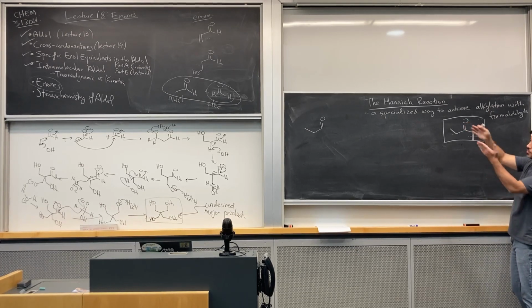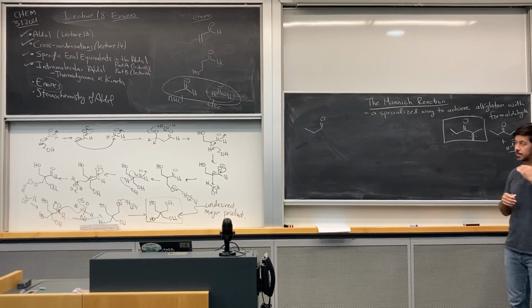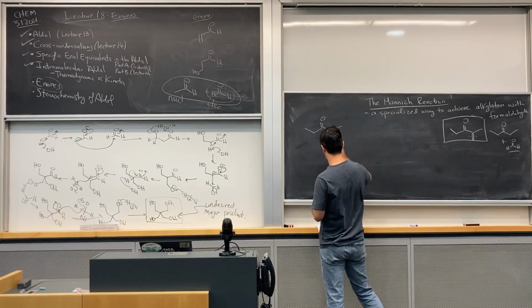So if you use the same approach that we did up there, you can see that your starting materials are going to be this symmetrical ketone plus the formaldehyde. All right, but as we've learned, we can't just mix them together. We need a very specific directed approach, and this is where the Mannich reaction comes into play.